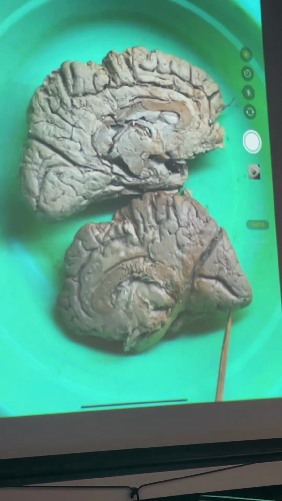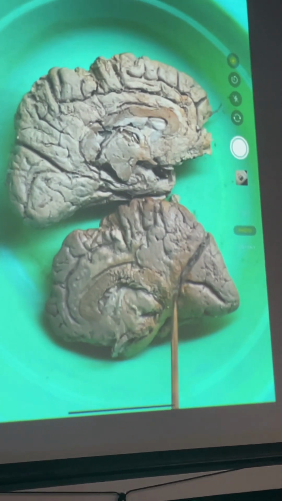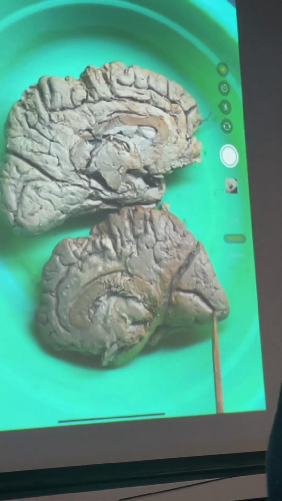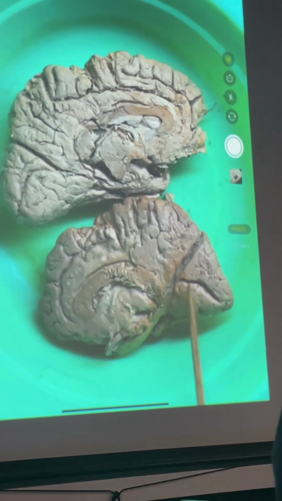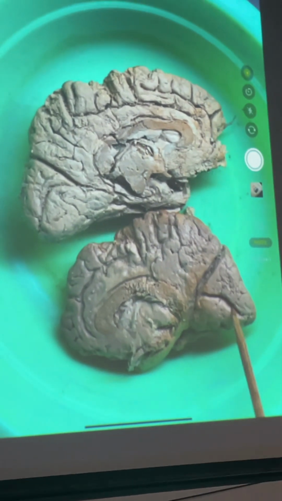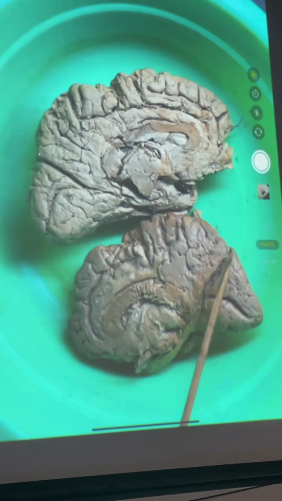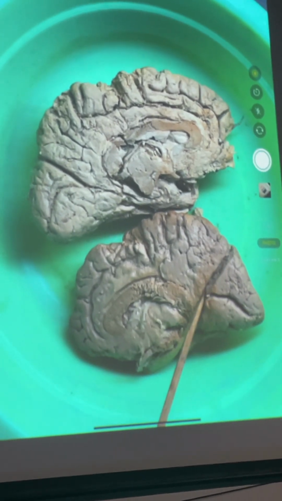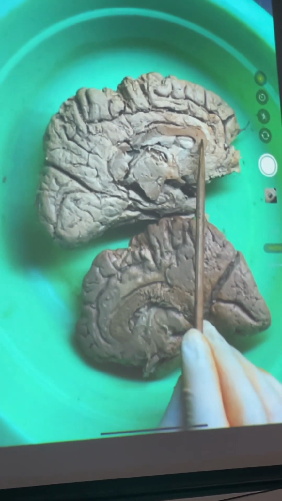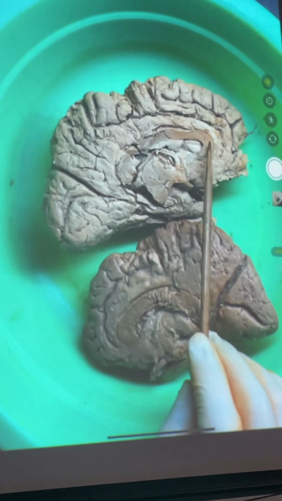Just above the lingual gyrus, there's a sulcus called the calcarine fissure. And the one here is known as the parieto-occipital sulcus.